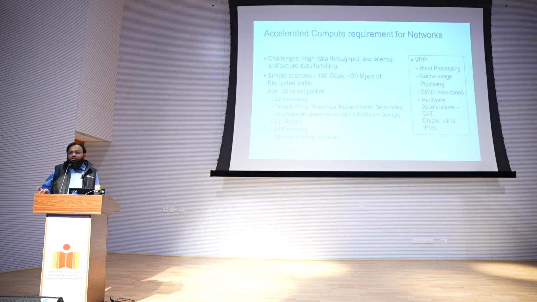And you can see what all does VPP use, how does it use burst processing, how does it use the cache locality, how is it pipelining the nodes, right? How is it using the SIMD instructions to process the header fields, the different hardware accelerations like Intel QAT and Marvell Crypto and Marvell Inline IPsec is used, right? So these are things that you can actually try out and you can actually see.